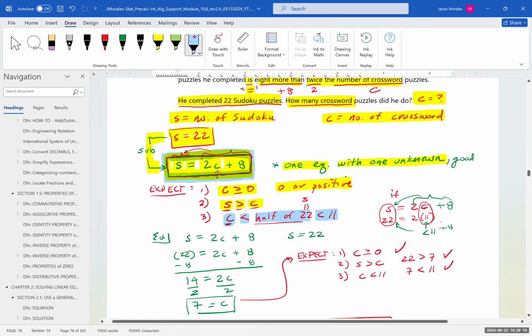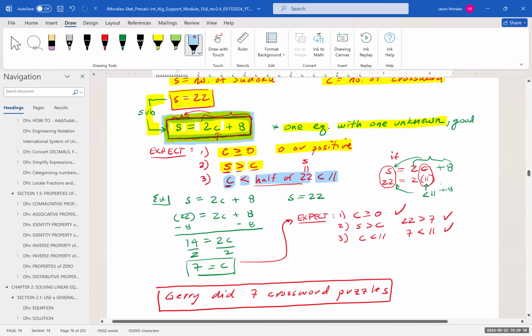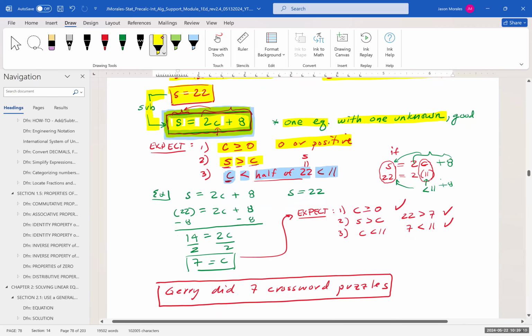Now that we've identified the relationships with the variables from the word problem, and we've set up some expectations for our answer, let's go about solving it. Here we look at our equation, which is s equals 2c plus 8. We were told that the number of Sudoku puzzles is 22, so we can substitute 22 in for s.